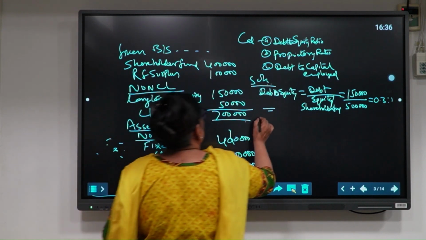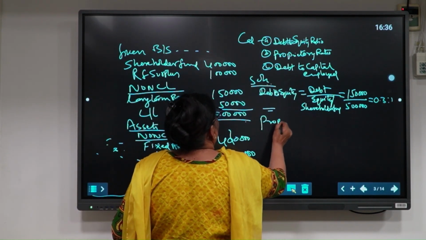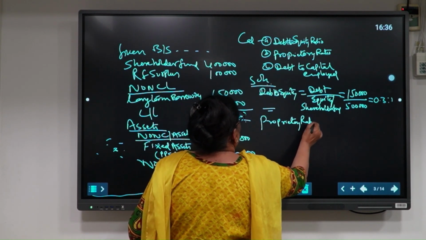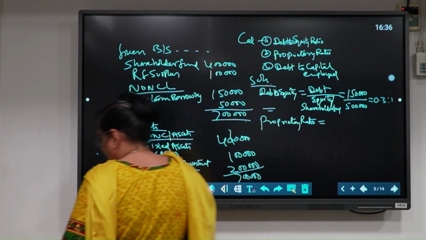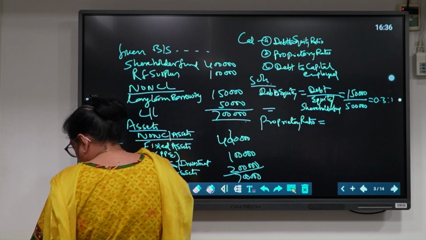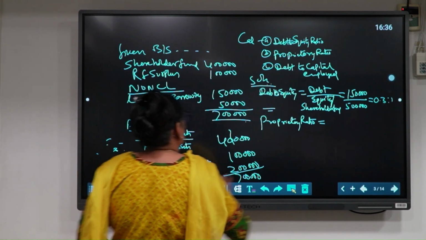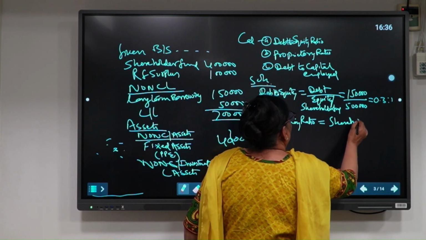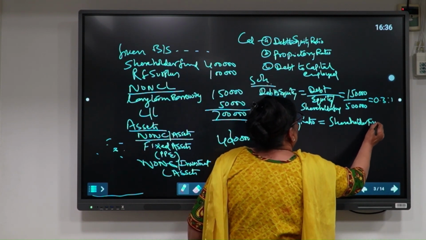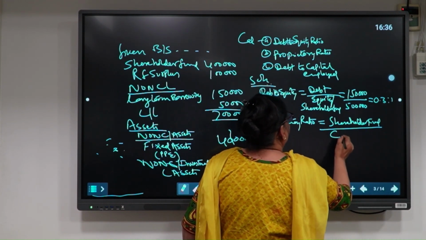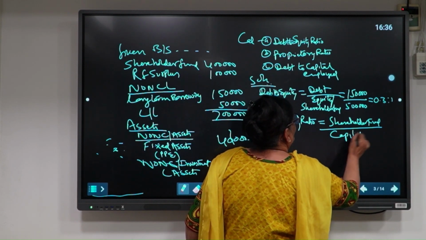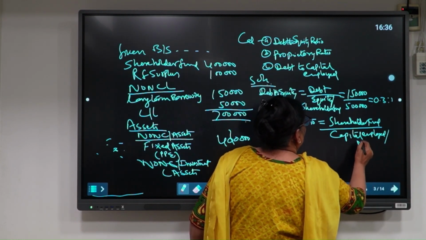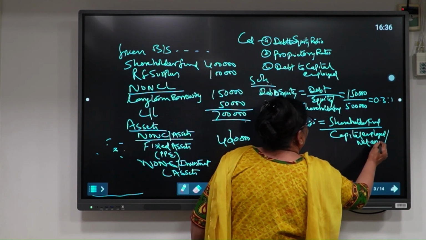Next one, proprietors formula. Please write proprietor ratio. Formula of proprietor ratio is shareholders fund or equity divided by capital employed, or it is also known as net assets.